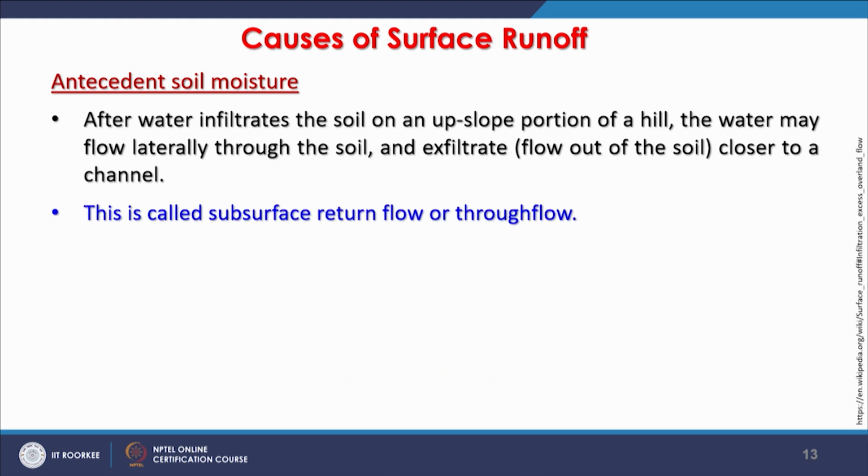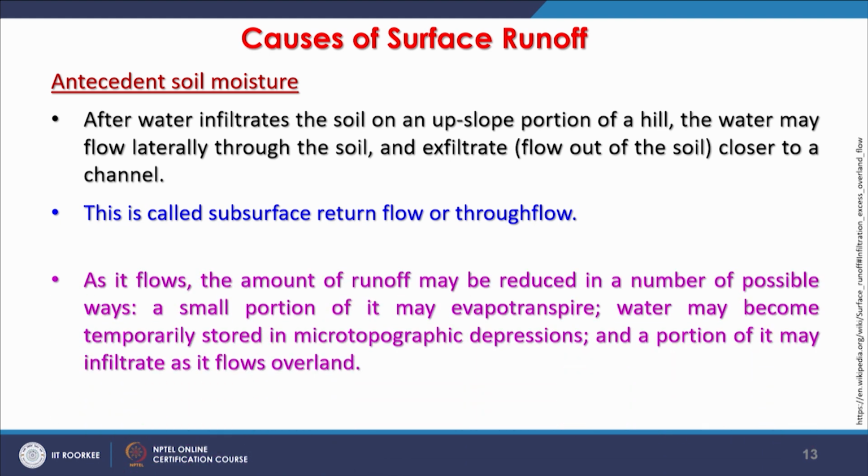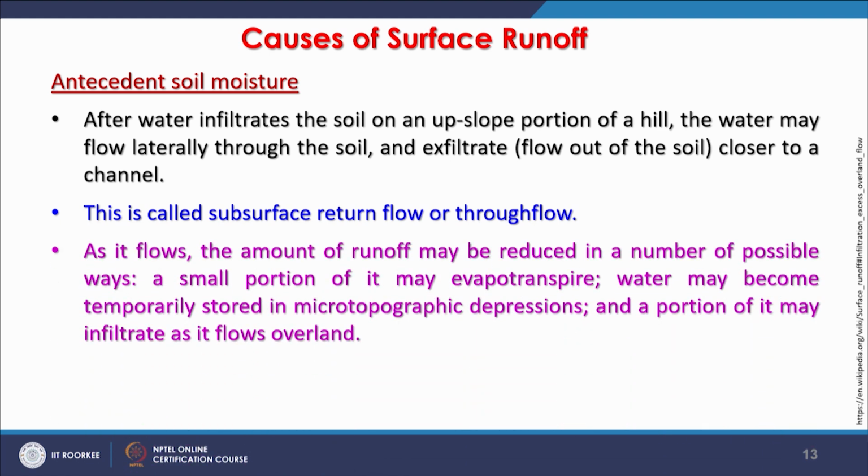That is what is called subsurface return flow or throughflow, which we have seen earlier in a diagram, that throughflow occurs along the slope, but not on the surface. The amount of runoff may be reduced by a number of possible ways.